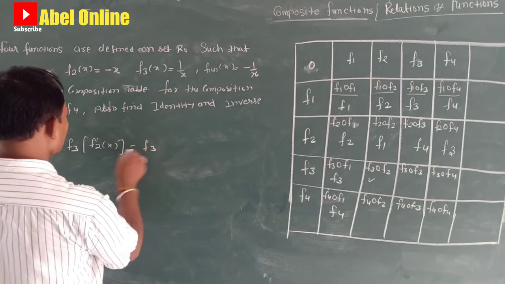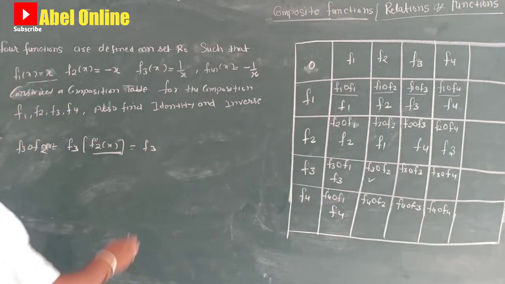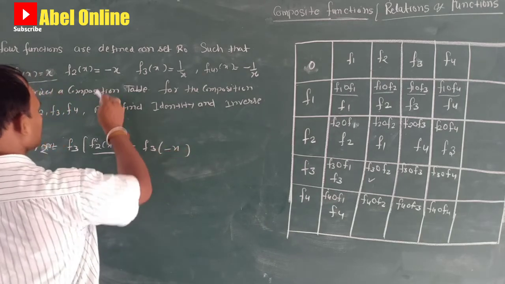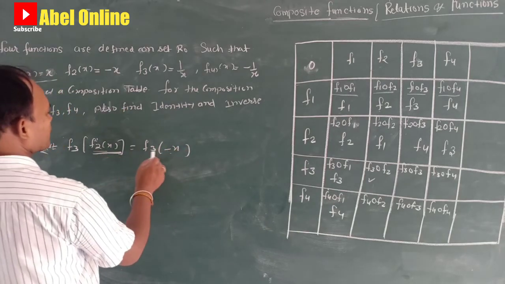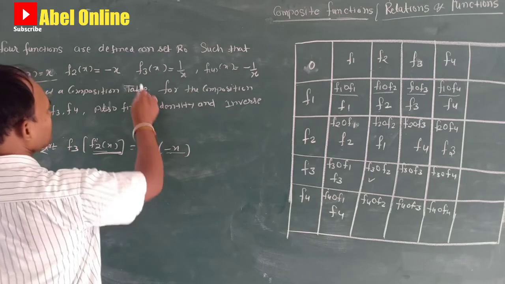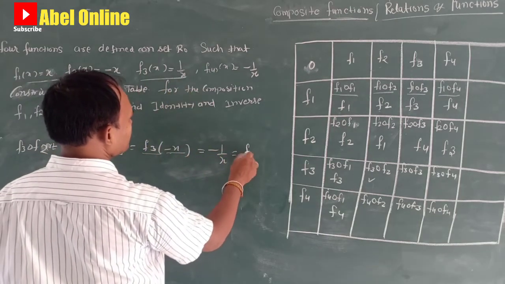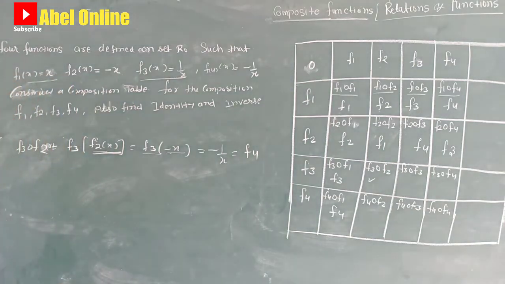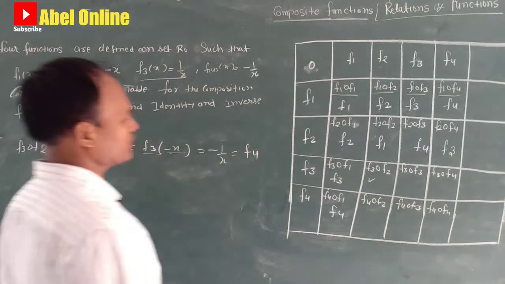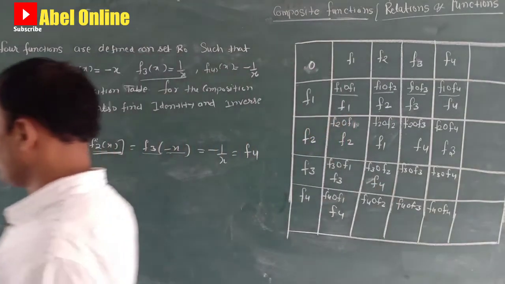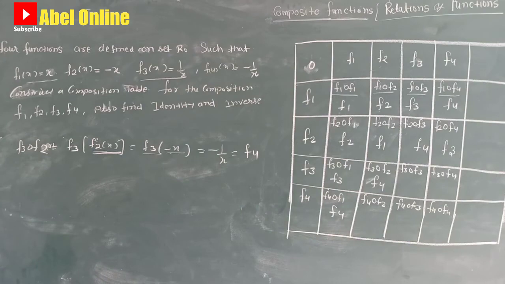The value of f2(x) is minus x, and f3 of minus x is minus 1 upon x, which is f4. So we can write here f3 and it is the value of f4.